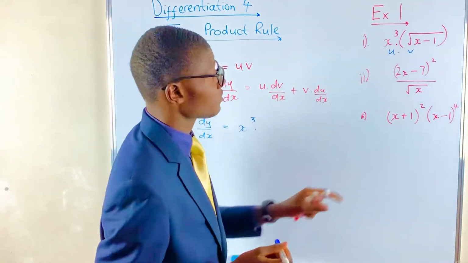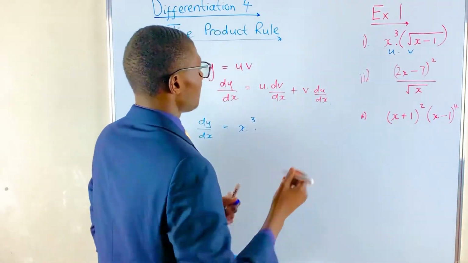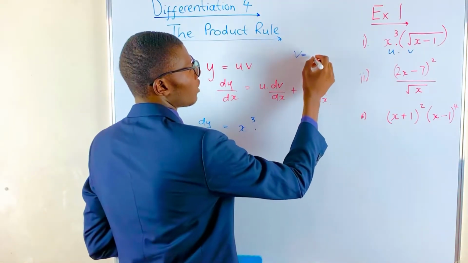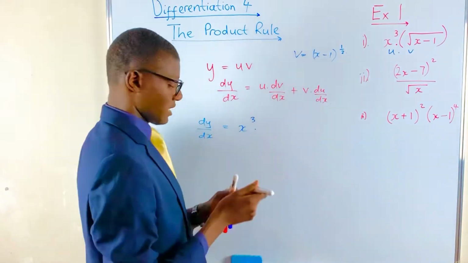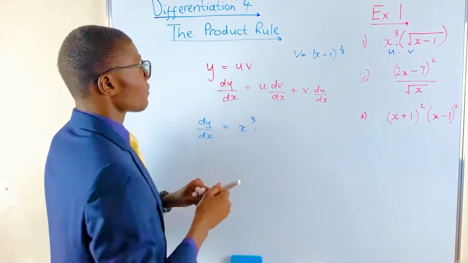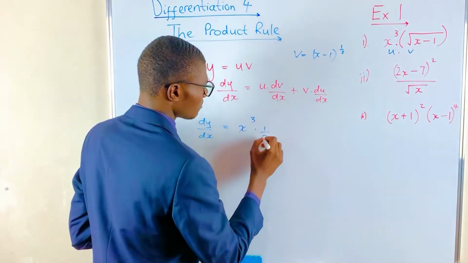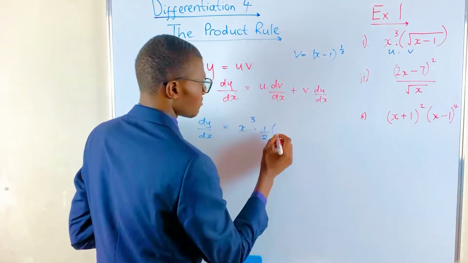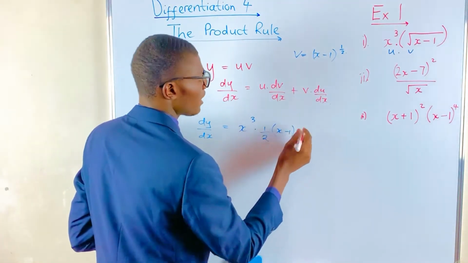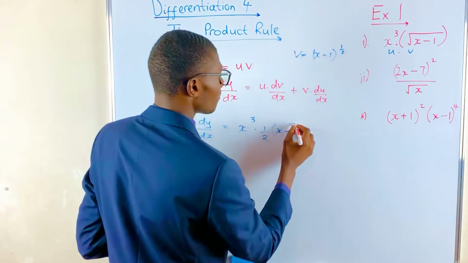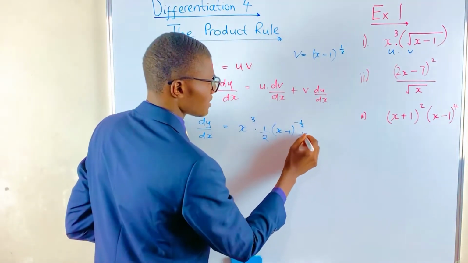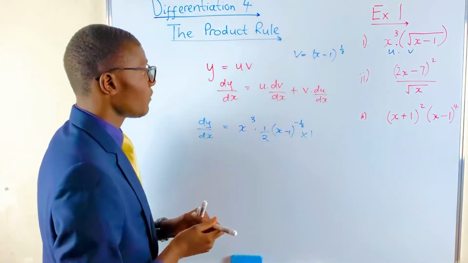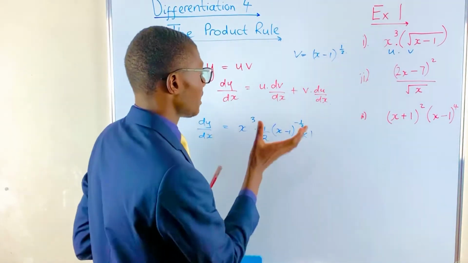We differentiate v, which is x minus 1 to the power of half: we drop the power half, multiply by the expression x minus 1, subtract 1 from the power of half to get minus half, then multiply by the derivative of what's inside. So there we've just differentiated by the chain rule.